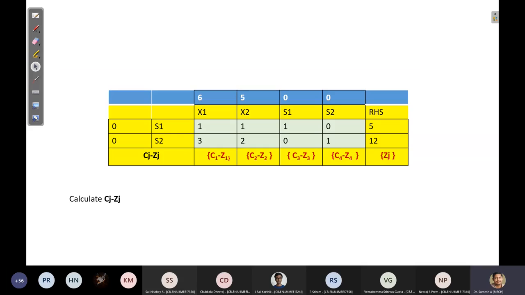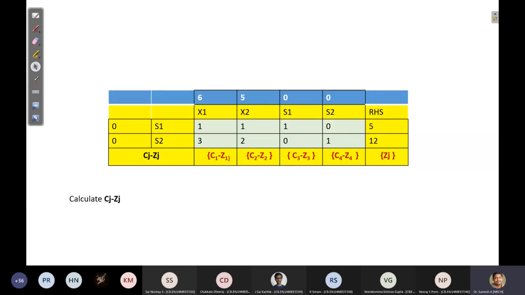This is a simple table. So here it is Cj minus Zj we are calculating. As I told you earlier, you can calculate either Cj minus Zj or Zj minus Cj.